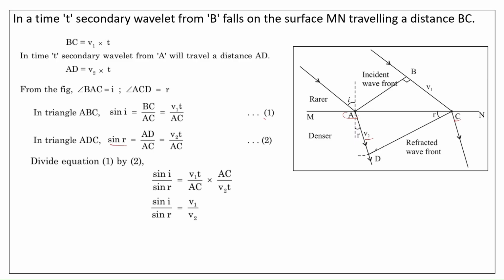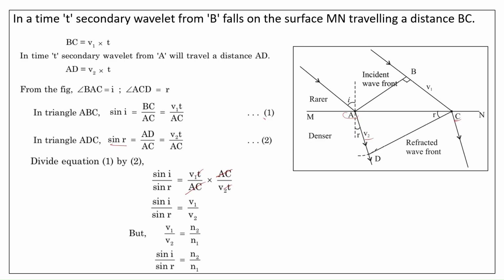Now, dividing sin I by sin R, we get sin I by sin R is equal to V1t by AC into AC by V2t. Here, AC cancels and t also cancels. So we get sin I by sin R is equal to V1 by V2.